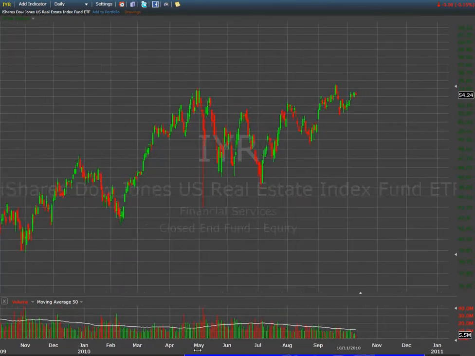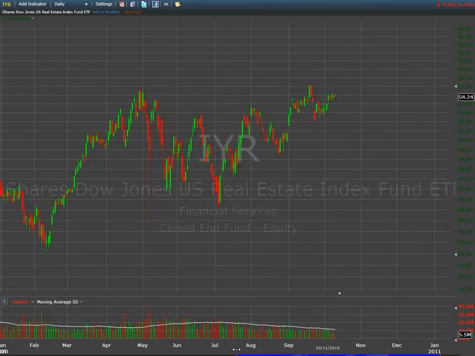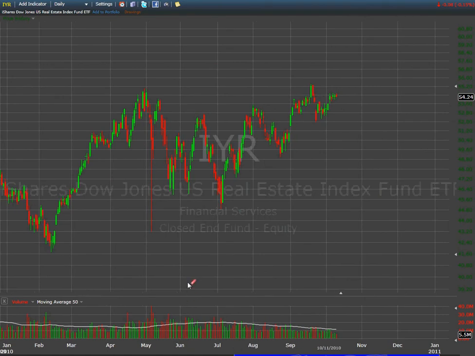I want to look at this area in particular, and there are a couple things that are interesting. One thing is you'll notice that each time we draw a line across two tops, here and here, and that line is broken, it looks like we get a back test. And then we go up to another area.